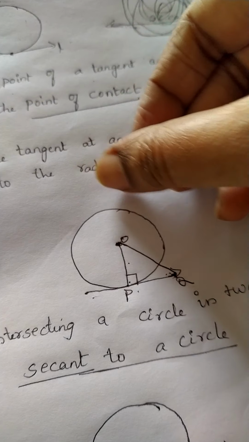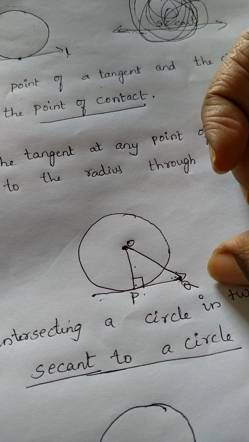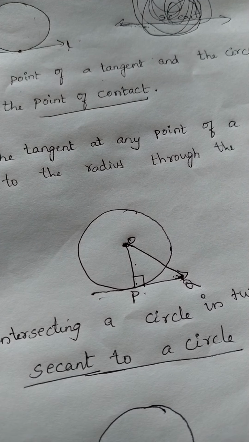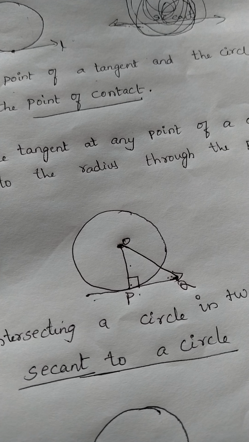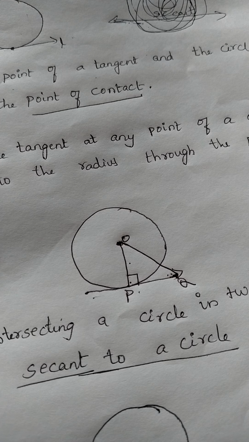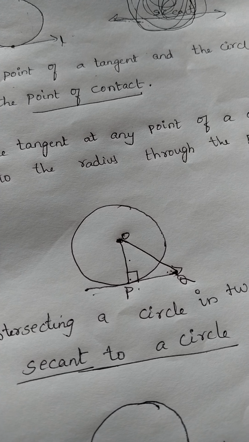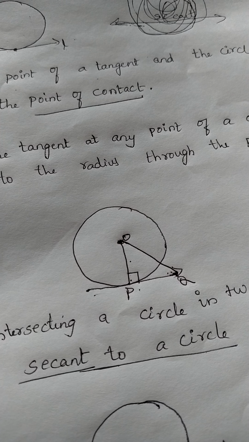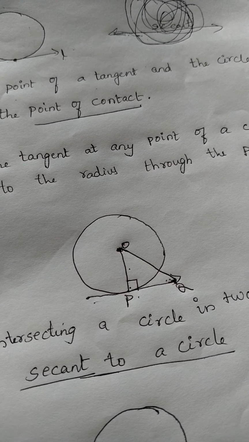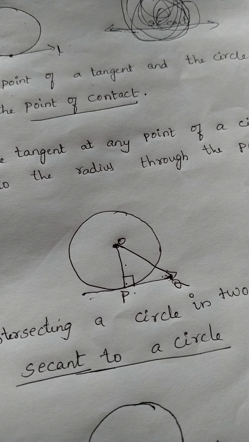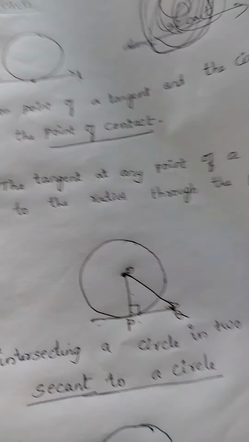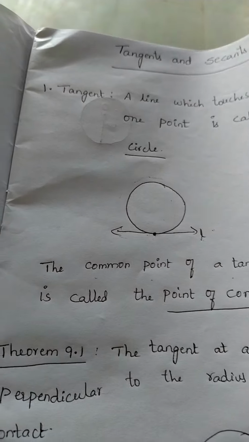Here OQ is the hypotenuse. The other two sides are the opposite and the adjacent. So if the radius is given and the distance from the center to the external point is given, then we can find the length of the tangent using the Pythagoras theorem. Let us see one problem.